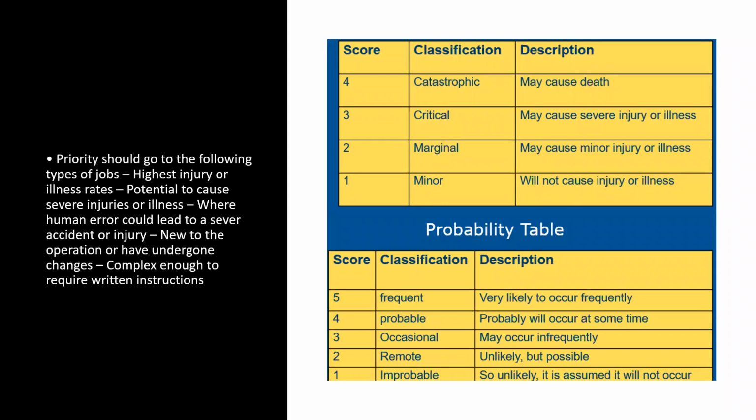All right, when we're looking at hazards, one of the things we need to understand is the severity. We don't necessarily need to list every hazard there is out there. There's a proper way to look at this, to where they're listing the hazards that are most likely to happen.